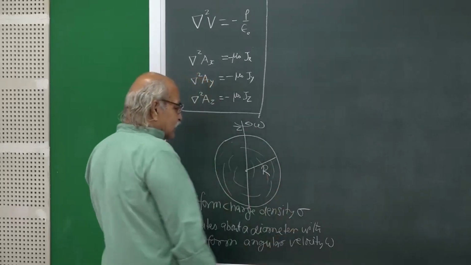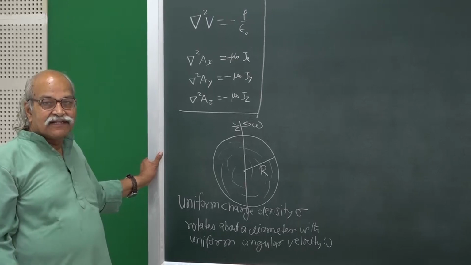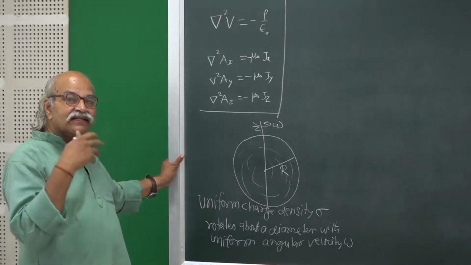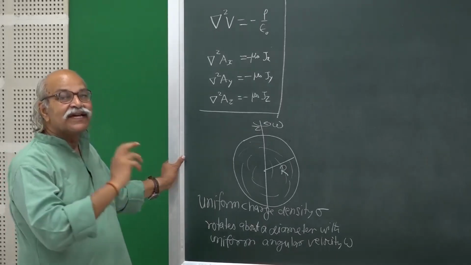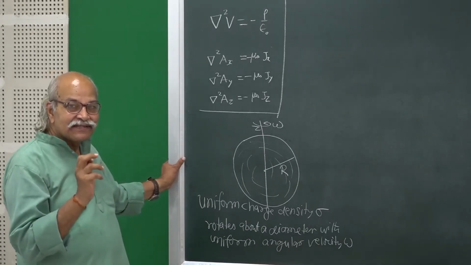Now, what is the current density? First thing is that it is a surface current. The charges are on the surface of the sphere, and then the sphere is rotating. So, those charges at the surface, they are moving, and therefore, there is a surface current density.